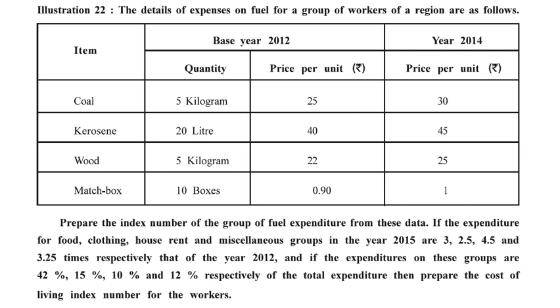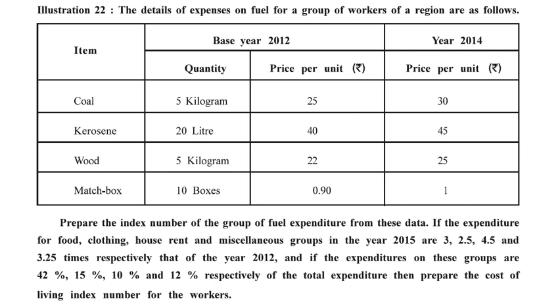That means if for the base year they are 100, then in 2015 they are 3 times, that is 300, 2.5 times, that is 250, 4.5 times, that is 450, 3.25 times, that is 325.